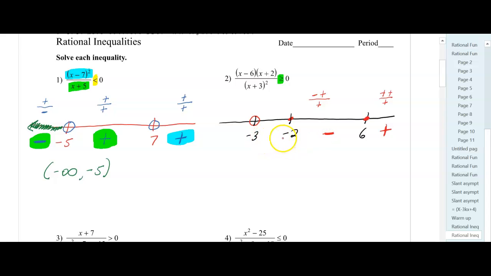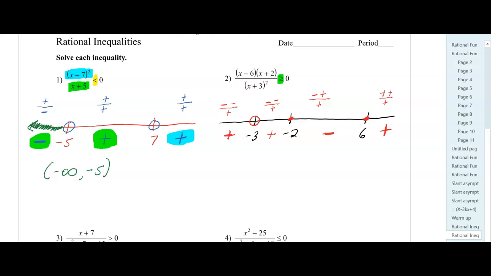Pick a number like -2.5. We have a negative over a positive, so that'll be positive. And to the left of -3, we'll have a negative over a positive. Remember, when you square a negative, you get a positive value. So this is positive.